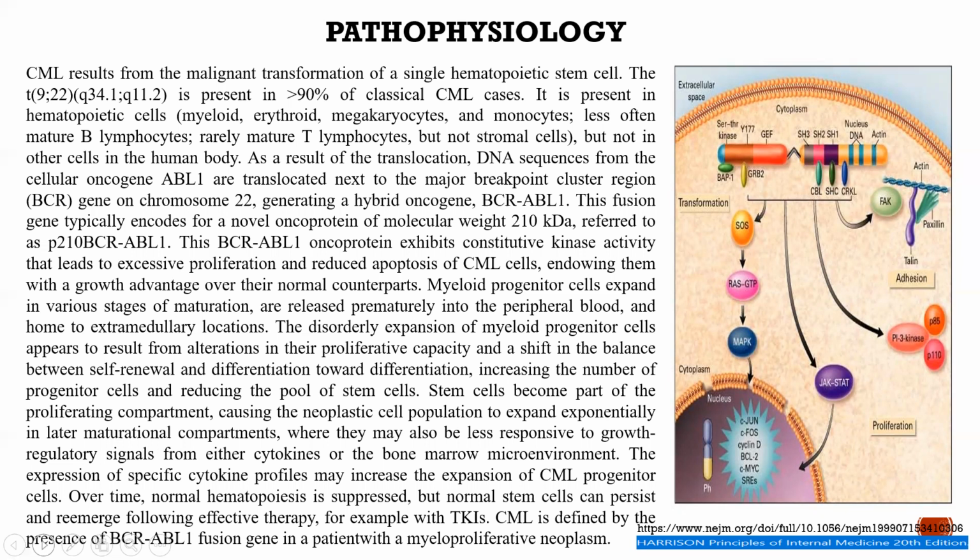This oncoprotein exhibits constitutive kinase activity that leads to excessive proliferation and reduced apoptosis of the myelogenous leukemia cell, endowing them with a growth advantage over their normal counterparts. Myeloid progenitor cells expand in various stages of maturation and are released prematurely into the peripheral blood, and home to extramedullary locations.